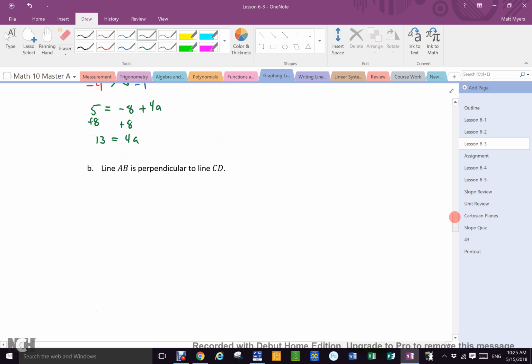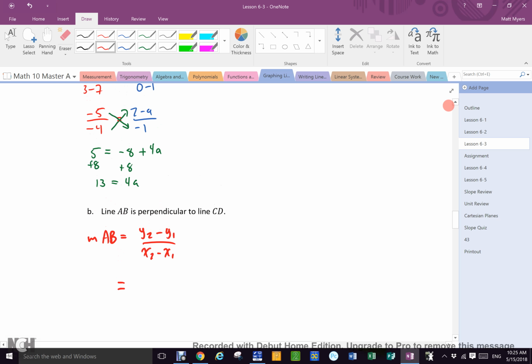Slide down. What if they're perpendicular? AB, we already know AB's slope is 5 over 4, isn't it? We've already done that, yeah? But now I want a perpendicular slope.